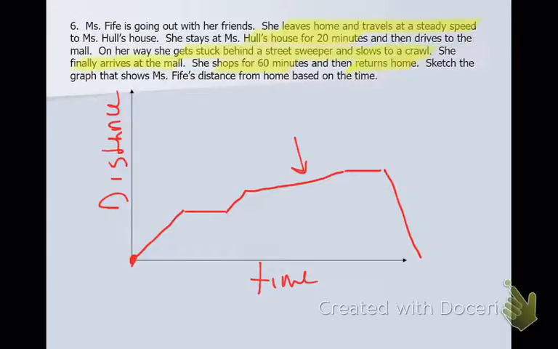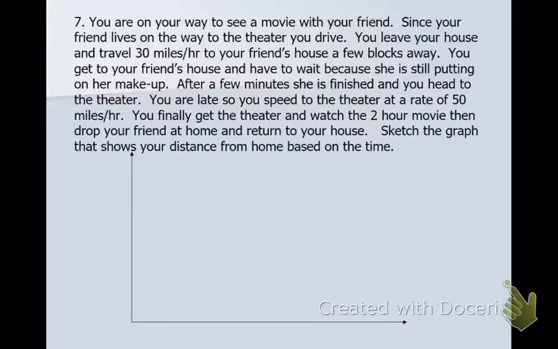Now, if she floored it and went at a faster speed to get to the mall, then you'd want to show a visibly steeper segment. Okay, so you want to make sure you got that in. Right? One more here. Try it. Stop the video, see what you get, and see how you did.